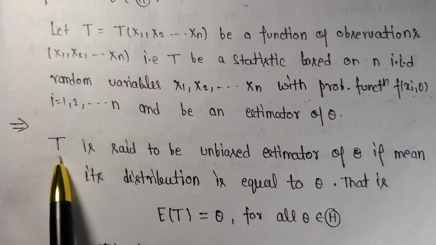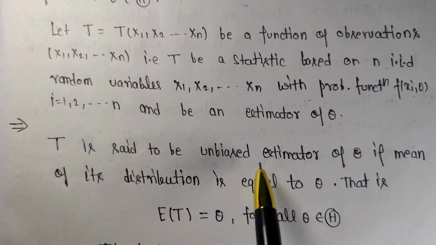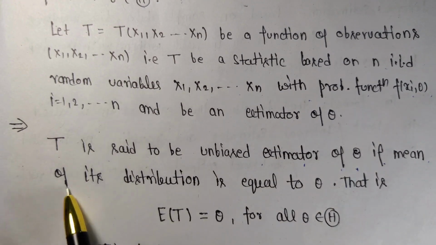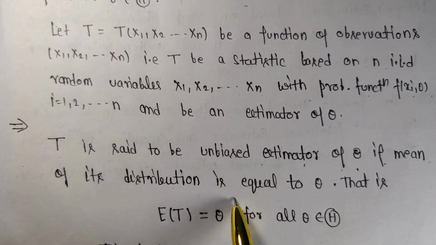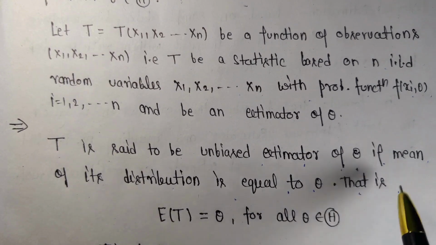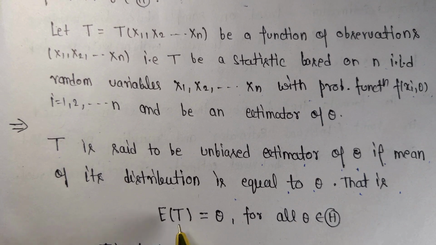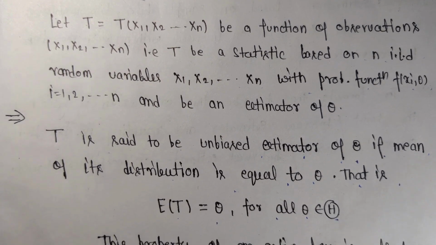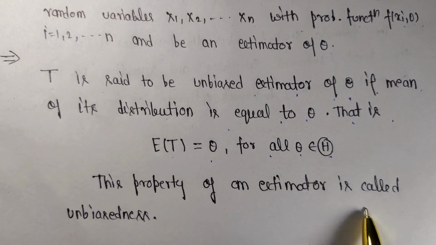Capital T is said to be an unbiased estimator of theta if the mean of its distribution is equal to theta. That is, if expected value of T is equal to theta for all theta belonging to the parameter space, so this property of an estimator is called unbiasedness.